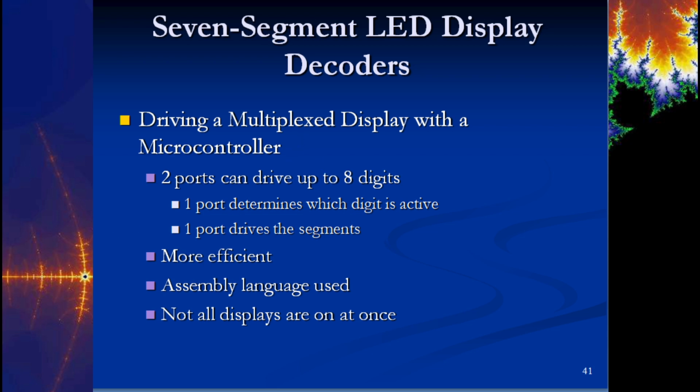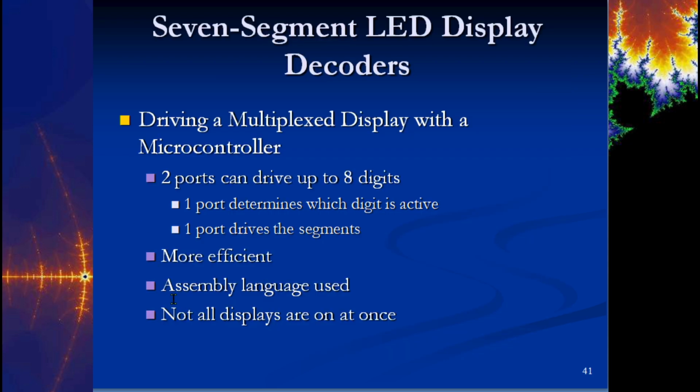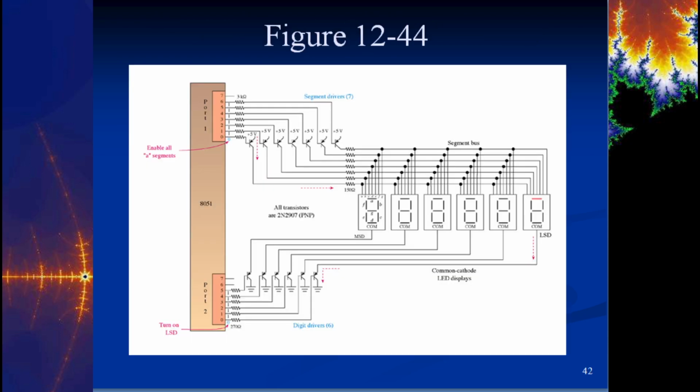But you can take this even further. This example is a little bit dated because they're using an 8051, but all we would have to do here really is change this to an Arduino or something, right?